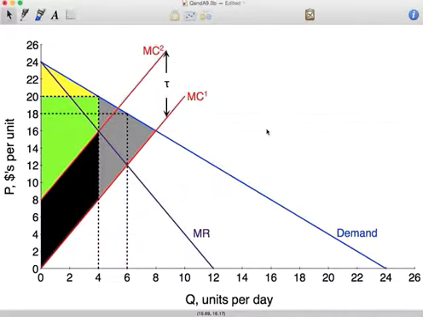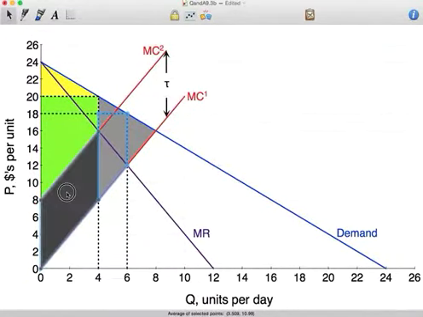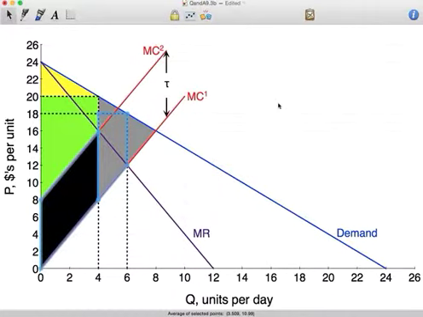Also realize that originally this was the area of producer surplus. All right, this entire area in here that's being highlighted was the producer surplus. What occurred? Well, they gained some producer surplus, right? They gained producer surplus in this area, but what else did they lose? They lost this to deadweight loss, and now they have to pay this out in taxes. So you can see there's partially a redistribution of consumer surplus to producer surplus.